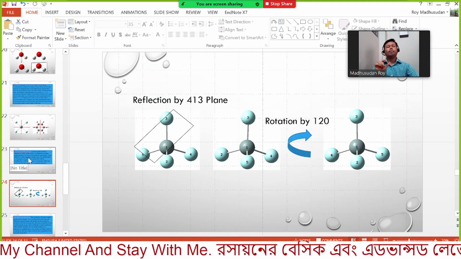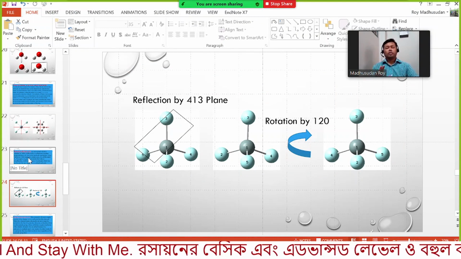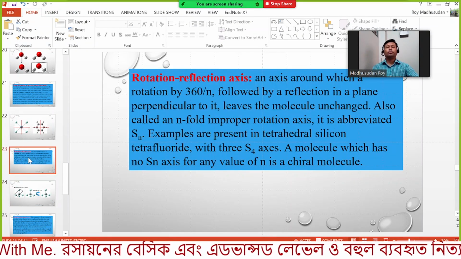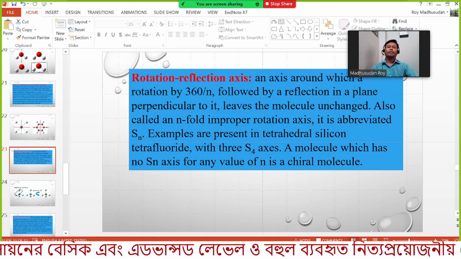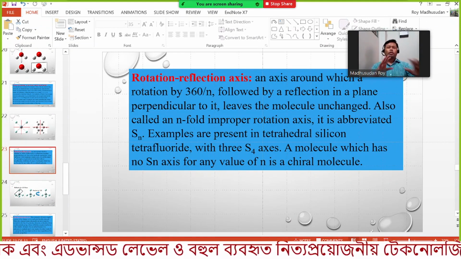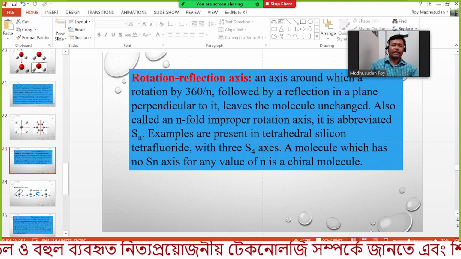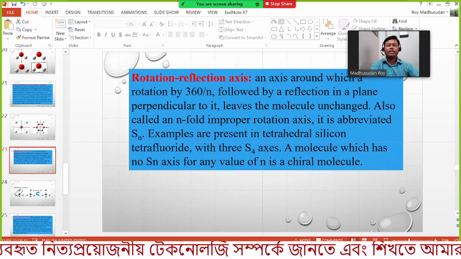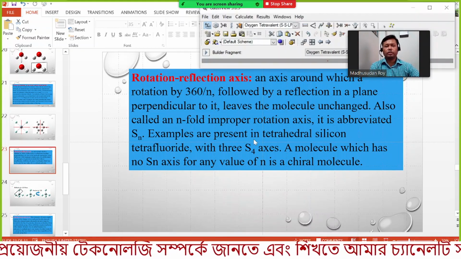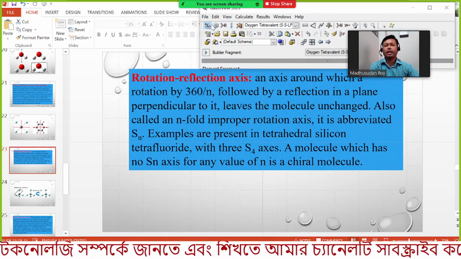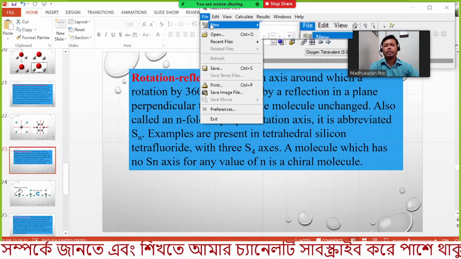Just remember it has two different types of operation, rotation and reflection. If I go for the benzene molecule, let us show you the benzene molecule. In that case you can have 5.